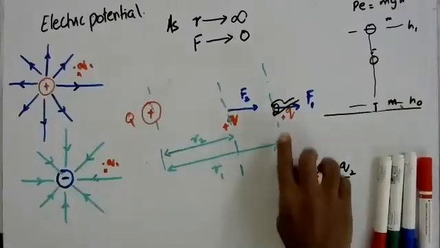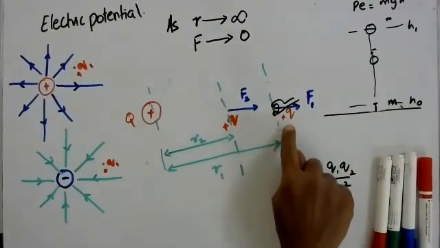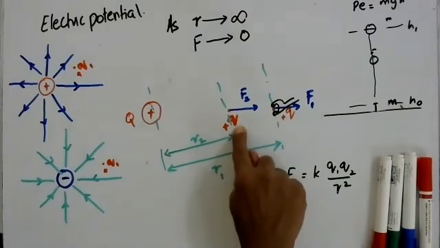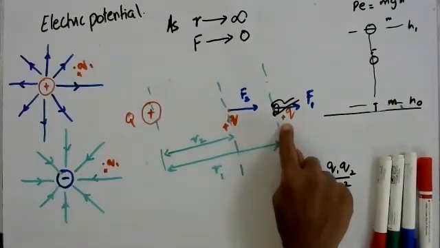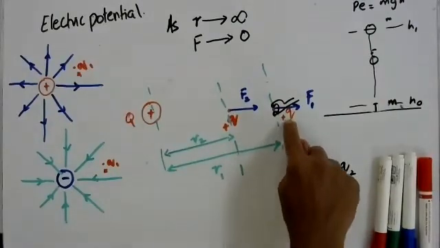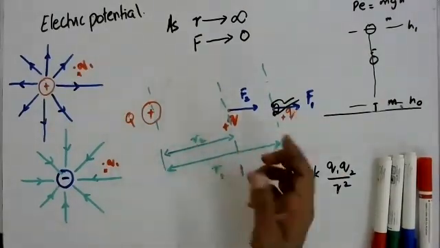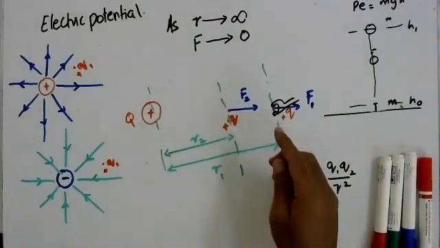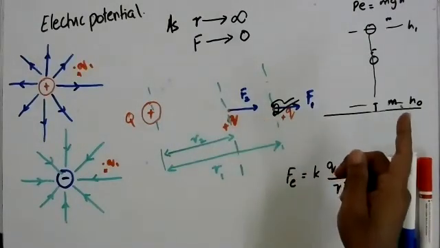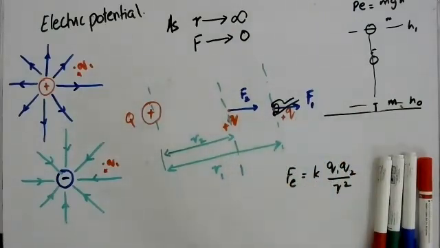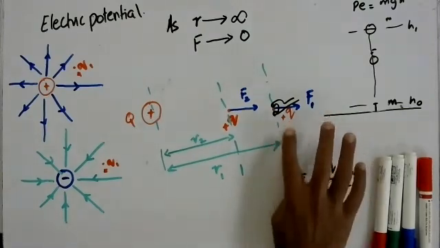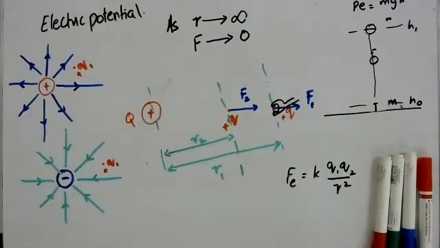So you may ask the question, okay, in comparison to this position, that position has greater electric potential, but why does it have electric potential at this point also? What is that in comparison to? We can't keep saying, okay, create an arbitrary position, from there it has lesser potential, but from some other position it has higher potential. To state it unambiguously, any charge at any position has an electric potential, and that electric potential is the amount of work that was done to bring it from infinity to that point.